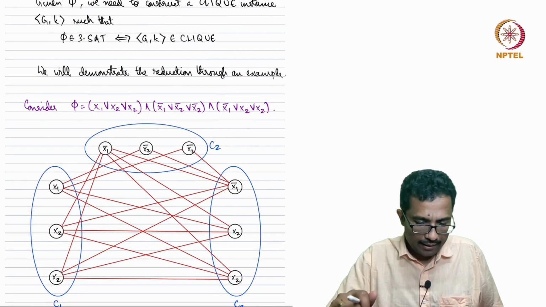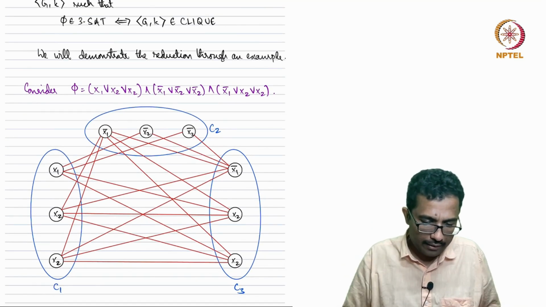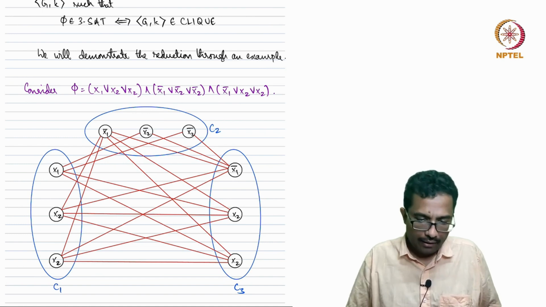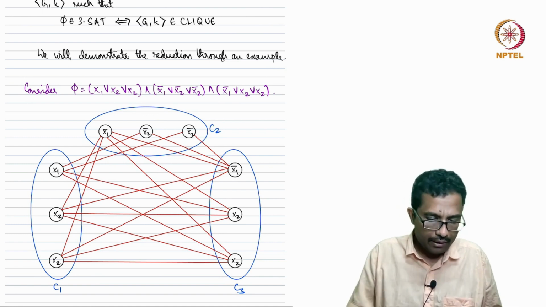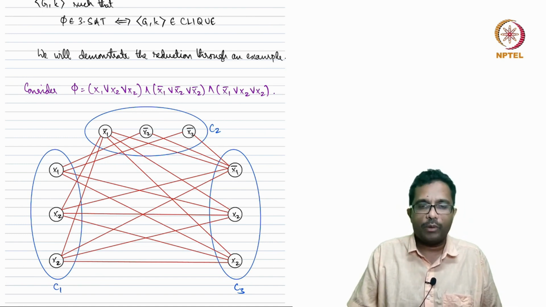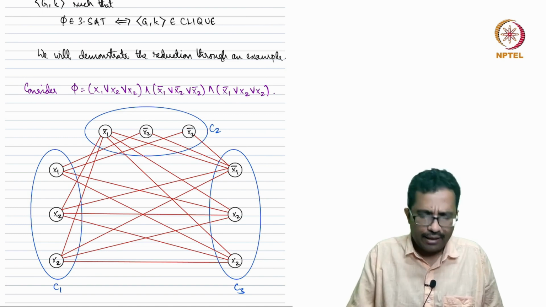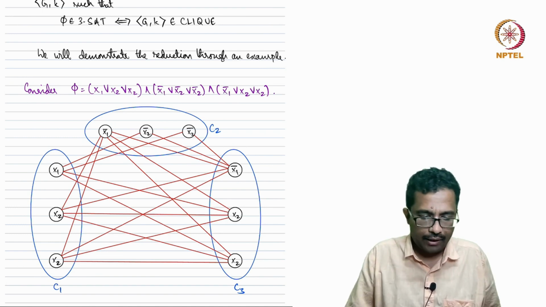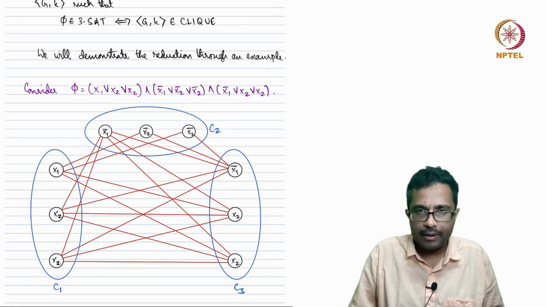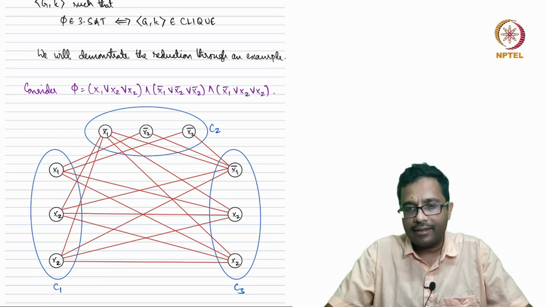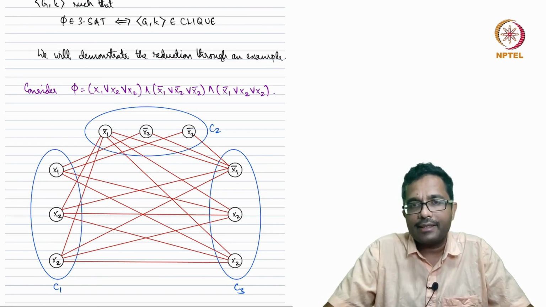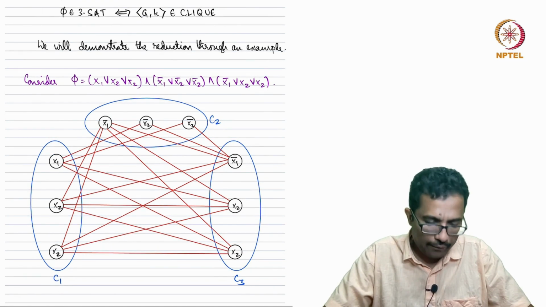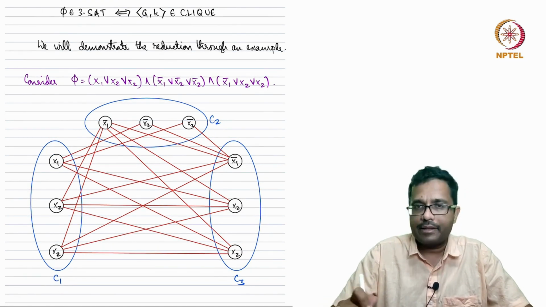Since I want to draw the picture and explain this example, I am going to resort to a very simplistic kind of formula, but it should be easy to see how we can deal with a bigger formula as well. Just that the figure will get much messier, but for the purpose of understanding this reduction, the example that we are taking is representative enough.